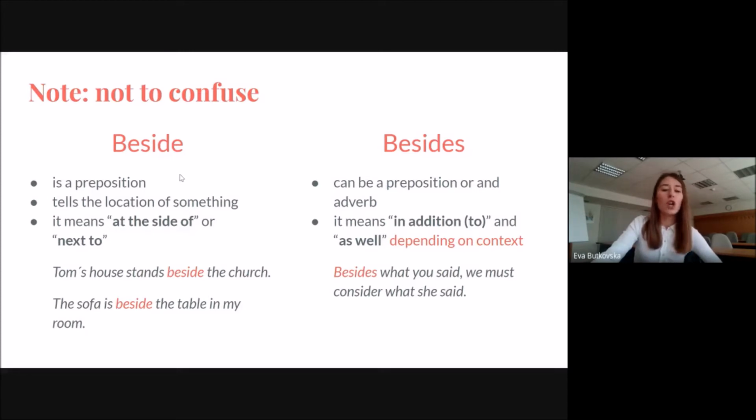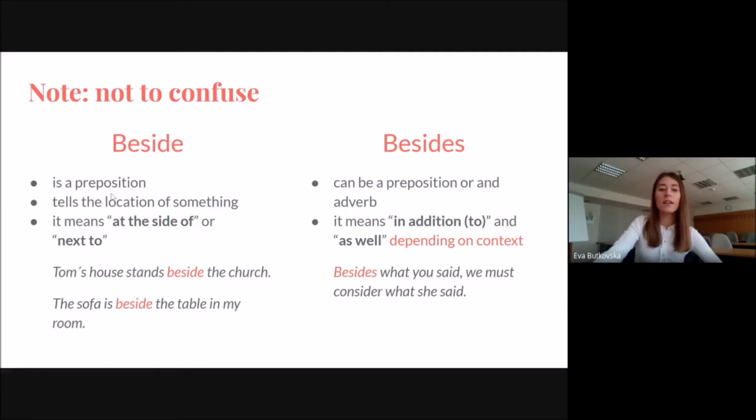For example, the Tom house stands beside the church, or the sofa is beside the table in my room. So there is a big difference in meaning between beside and besides. Today we are focusing on besides, but don't confuse those two.